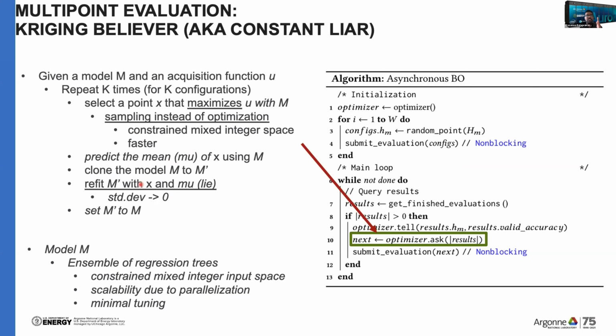Each time, to generate a configuration, take the previous configuration's predicted value, lie to the model, refit the model, make the uncertainty 0, and then select the next one. The other thing to note is that often in Bayesian optimization, an optimizer is used to select the point, but instead of that, we use sampling because of the mixed integer space, and performing any sort of mixed integer optimization here will slow down the entire search.